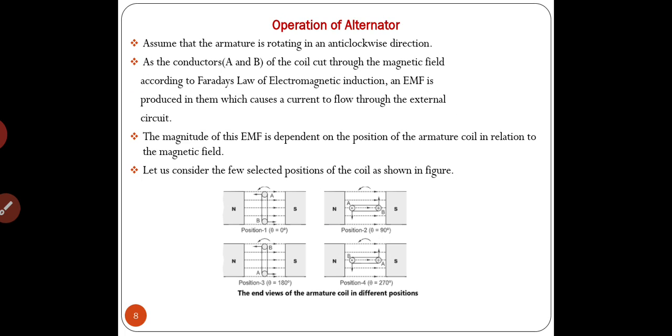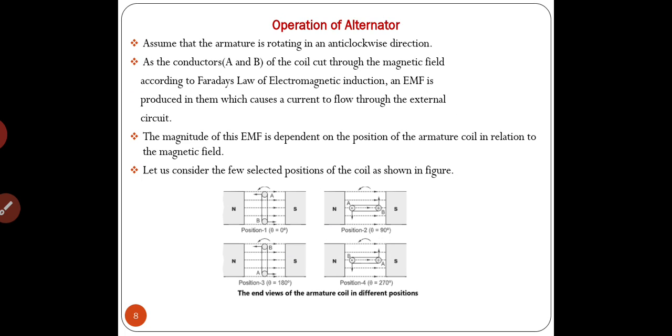The magnitude of this EMF is dependent on the position of the armature coil in relation to the magnetic field. That is also important whenever EMF or current is generated. Let us consider a few selected positions of the coil as shown in the figure.